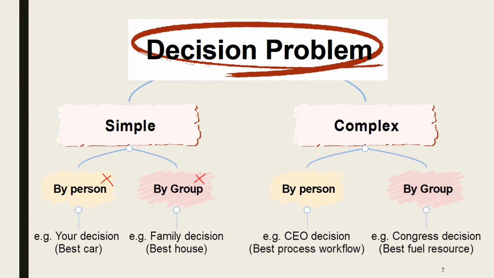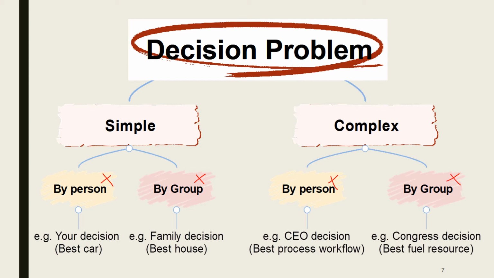On the other side, we can have more complex problems, which also could be done, or their decision could be made by a person, similar to the CEO decision about the best process workflow, or a complex problem that is made by a group, similar to the Congress decision about the best fuel resources for the country, for example.